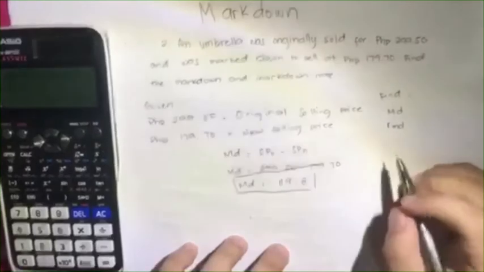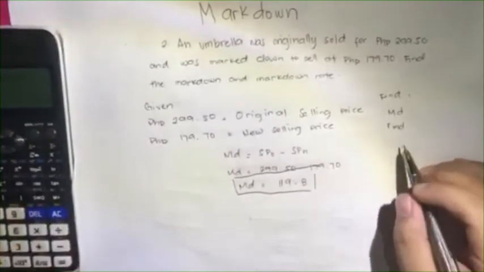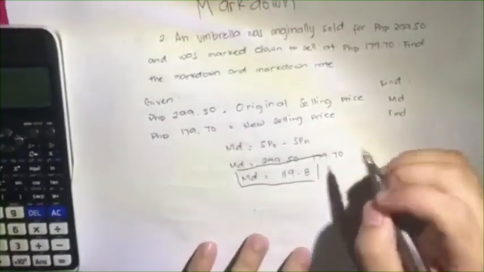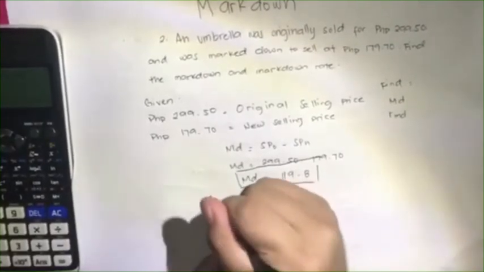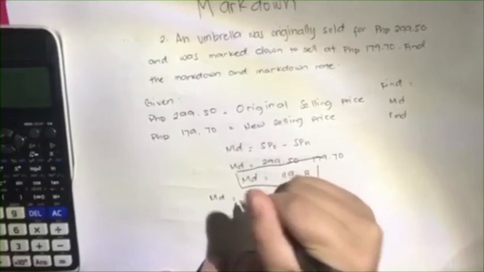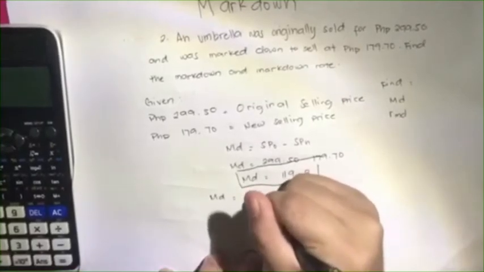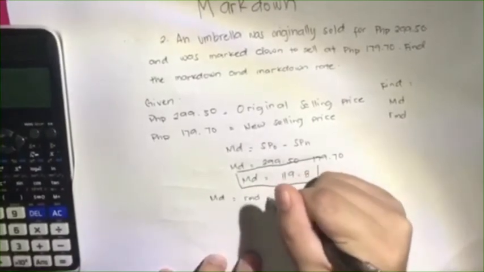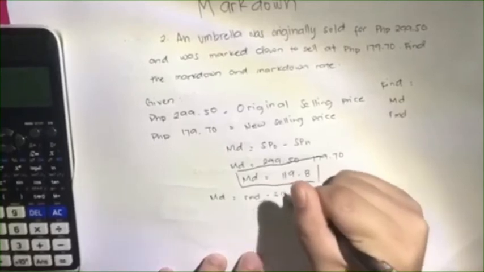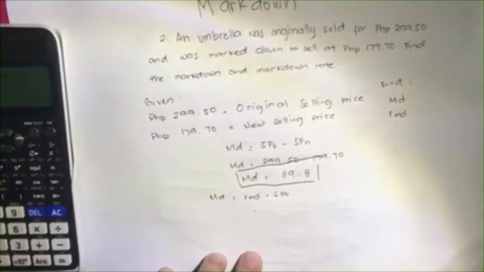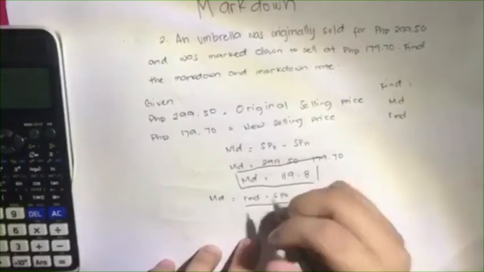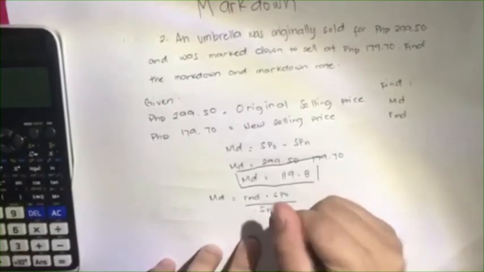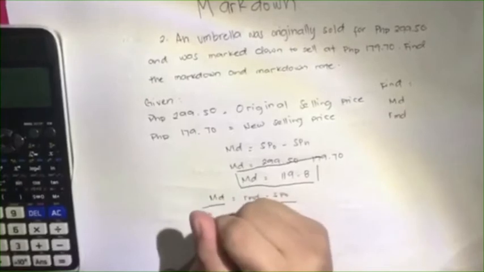Now, para makuha natin ang rate of markdown, gagamitin natin ang formula na MD is equals to rate of markdown times original selling price. So, rules ng algebra ulit para makuha natin. Divide lang natin both sides ng selling price.